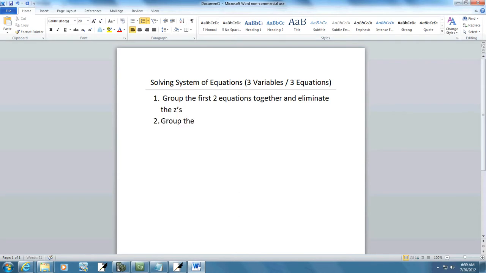Step two, group the second, or the last two equations together, and eliminate the z's. Now, actually, I should put here in parentheses after the first one, this is equation 4. And on the second one, after we eliminate the z's, this will give us equation 5.